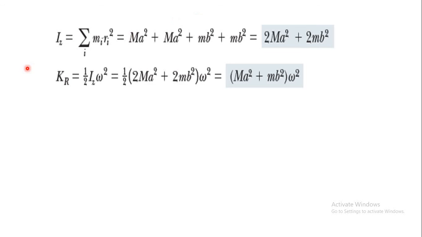That is the moment of inertia about the z-axis. For the rotational kinetic energy about the z-axis, of course, if I multiply that by half, it will cancel the 2. So that leaves us with Ma squared plus mb squared all in a bracket times omega squared.